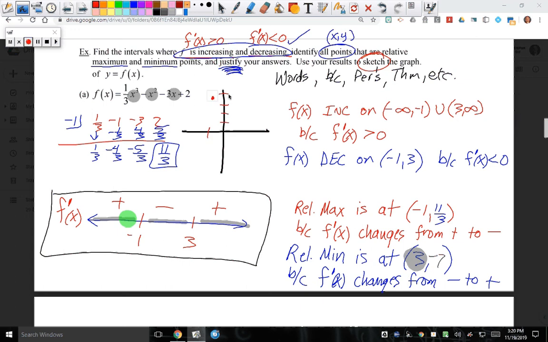So about right here is that point where the relative max occurs. 3, negative 7 is where this relative min occurs. Okay? Alright, here we go. If I did a sketch, you tell me.